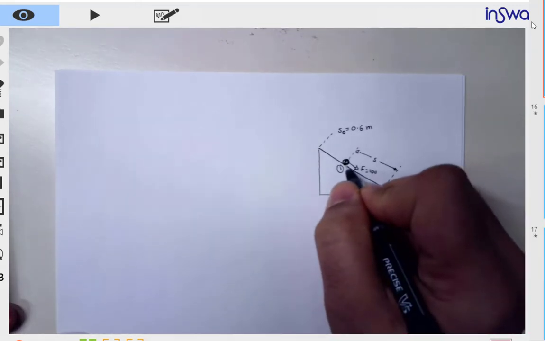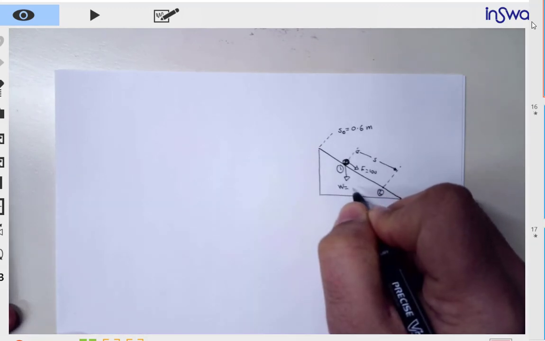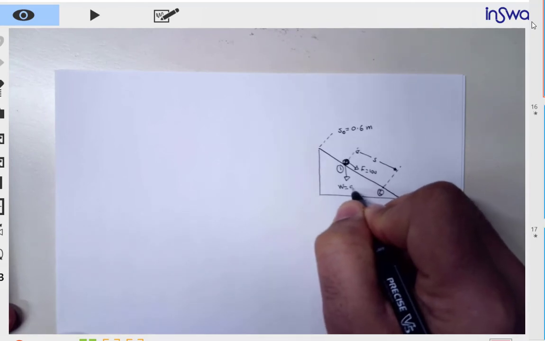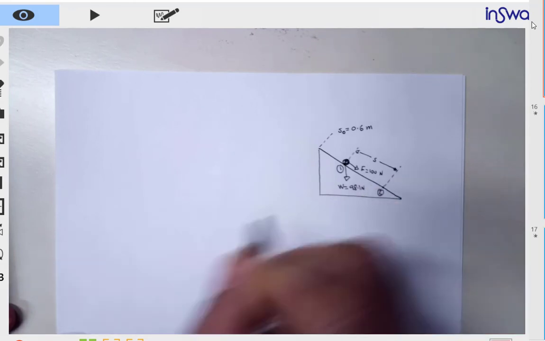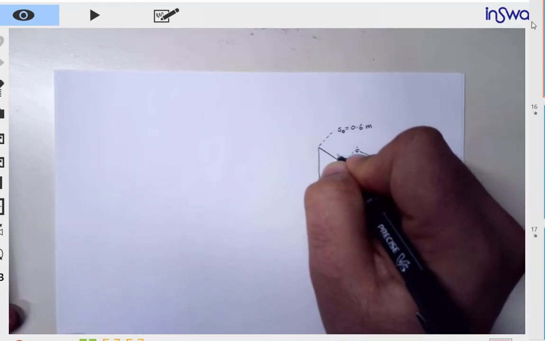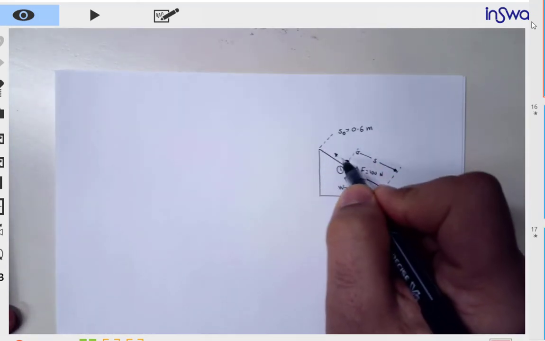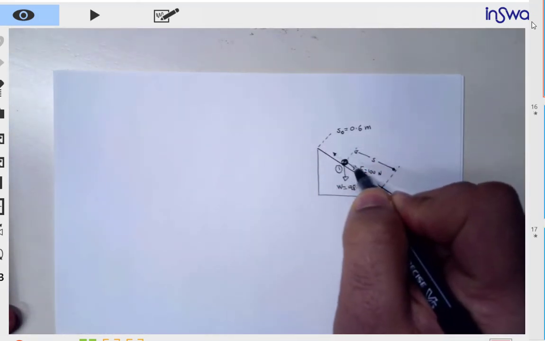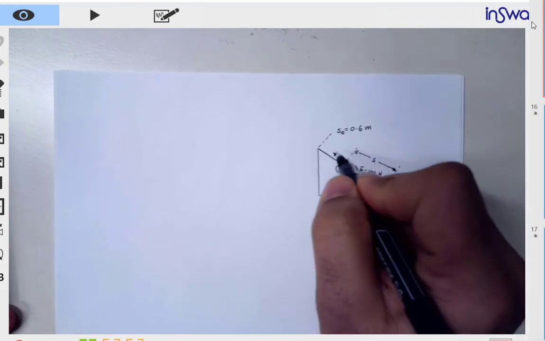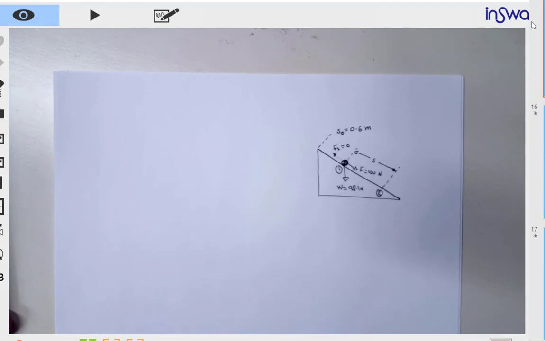We also have the weight, which is 10 kilograms times 9.81 in SI units, in Newtons. The spring is attached to it and tends to push in that direction, but Fs is 0 here, so there's no force.